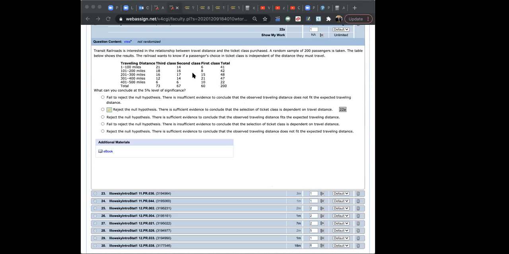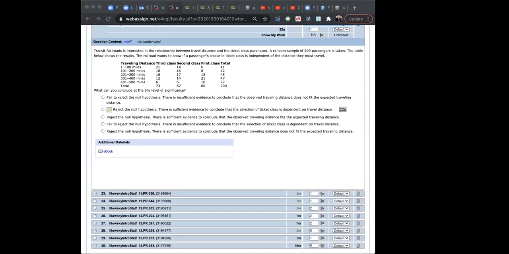Notice that all I did was replicate this data table in my StatCrunch spreadsheet. Then I hit compute, and when you hit compute, you get the test statistic and the p-value here, okay? Now, the p-value is 0.0435.